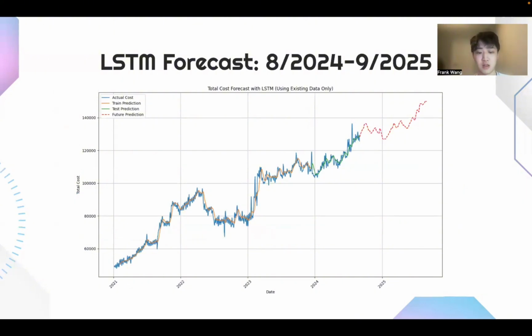As you can see, right now both the training and testing predictions, the orange and green lines, are capable of capturing the long-term trend of the data, but it doesn't simply predict the existing data. So the prediction and the forecast are more general and avoid overfitting. We can see the prediction about the future is generally smoother and reliable. So we think with some more fine-tuning, the LSTM model can be more promising in doing the forecast.